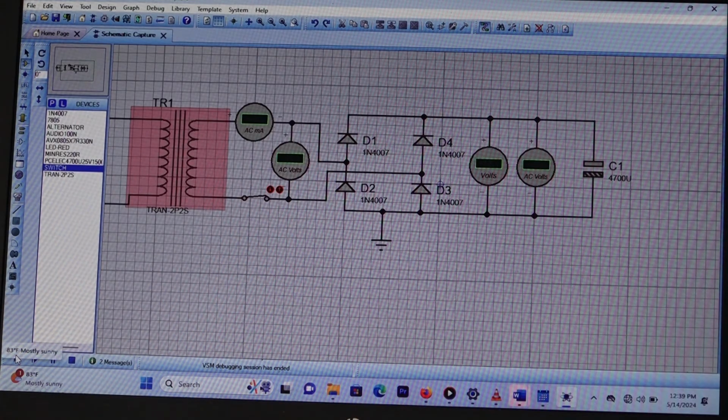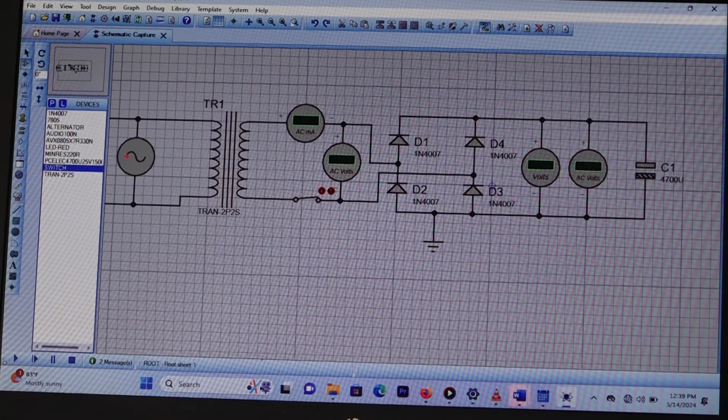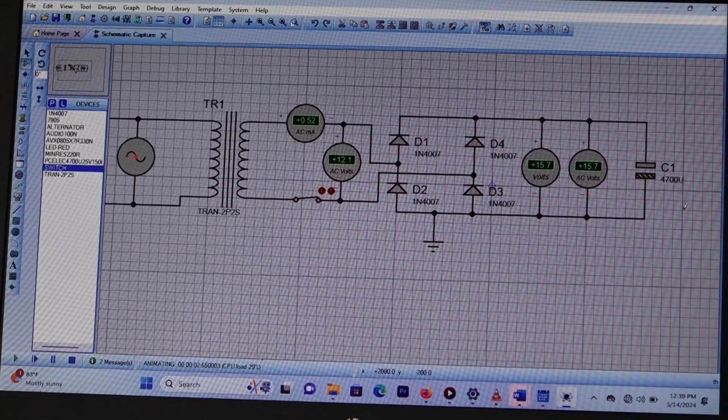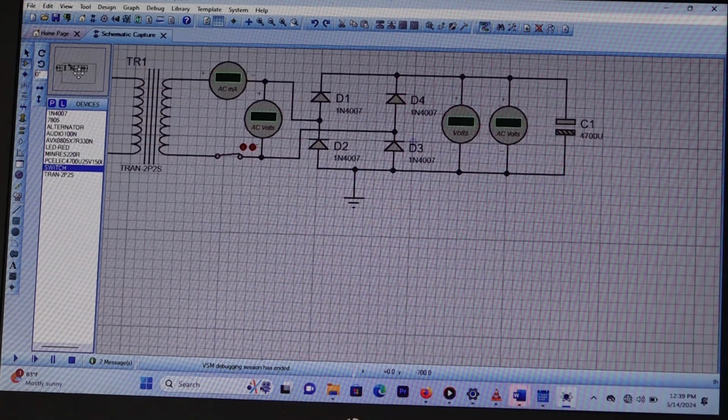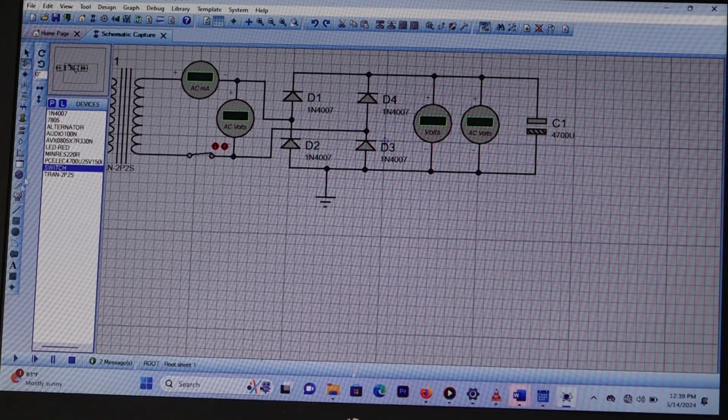Before, we measured the outputs of the rectifier, and then we say, okay, fine. Let us continue. Let us measure the output voltage of the filter.